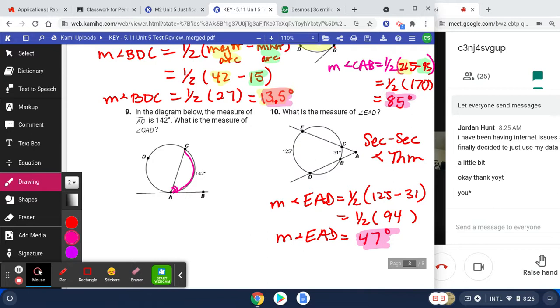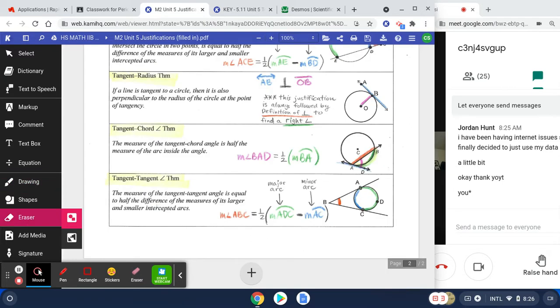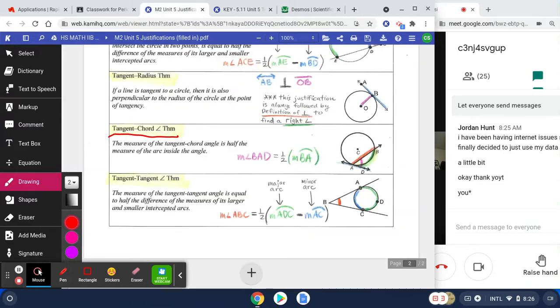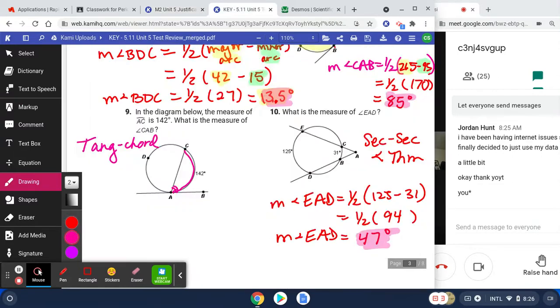So going back to our justifications page, do you see that this is called the tangent chord theorem right here? Tangent chord theorem. It says that the measure of the tangent chord angle is half the measure of the arc. Okay, so tangent chord. Right here, guys, tangent chord angle theorem.